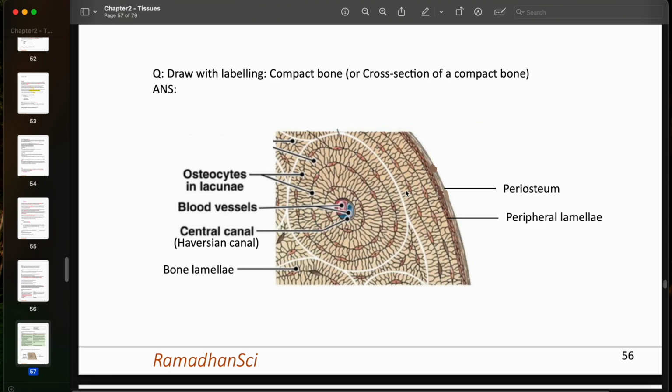Okay, so we have 1, 2, 3, 4, and they all share a common center, similar to a bullseye or ripples in water. So these are what we call concentric bone lamellae. So they're layers.